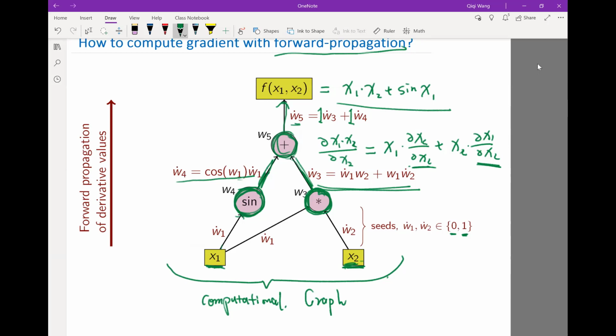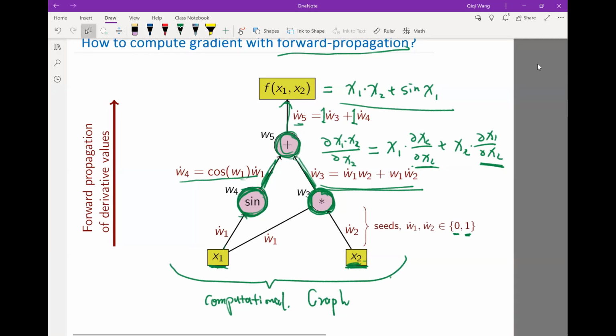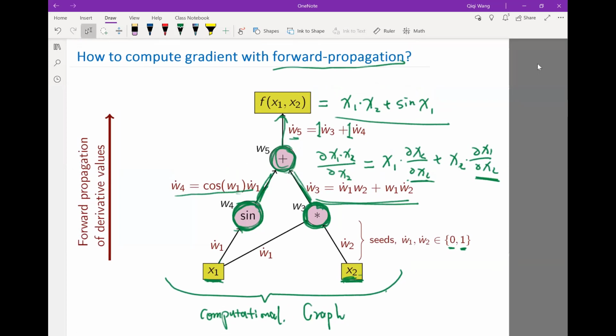And essentially, you actually have a small library of the partial derivatives of these various operators. And you just keep applying this library of partial derivatives and propagate the derivative forward, starting from the derivative of the inputs, ultimately to the derivative of the output, which is what we want.